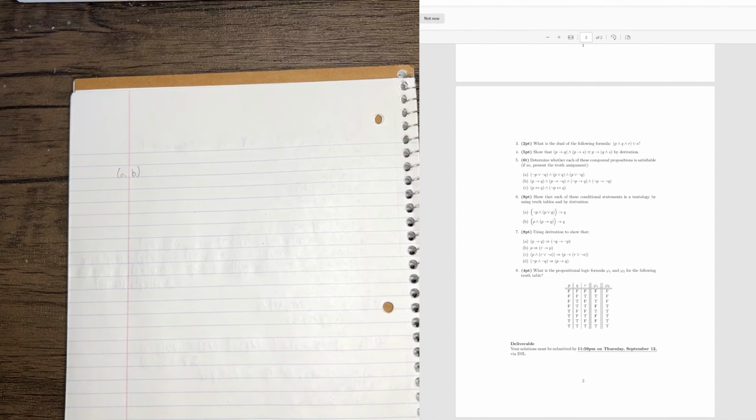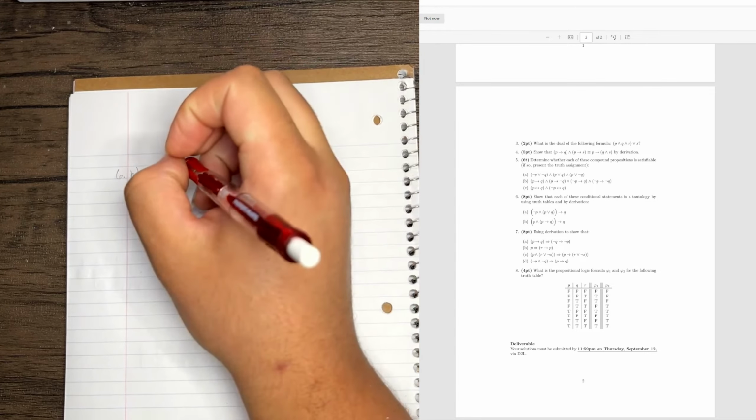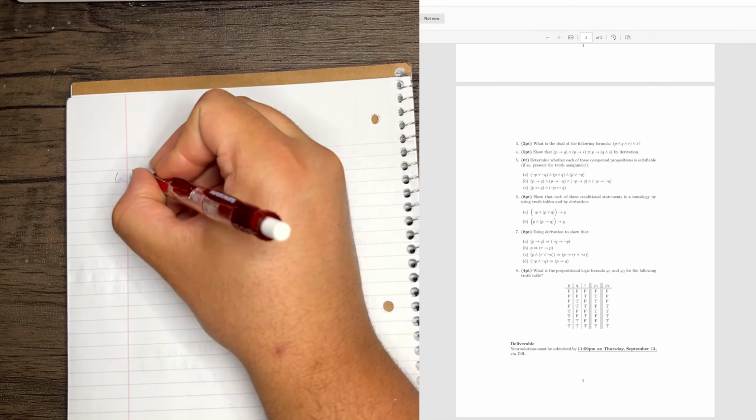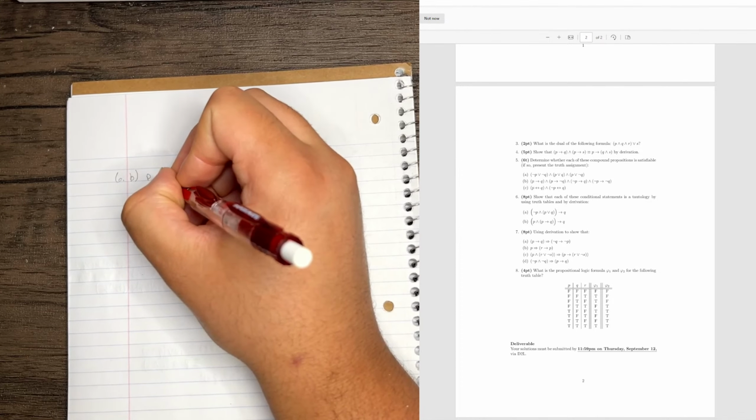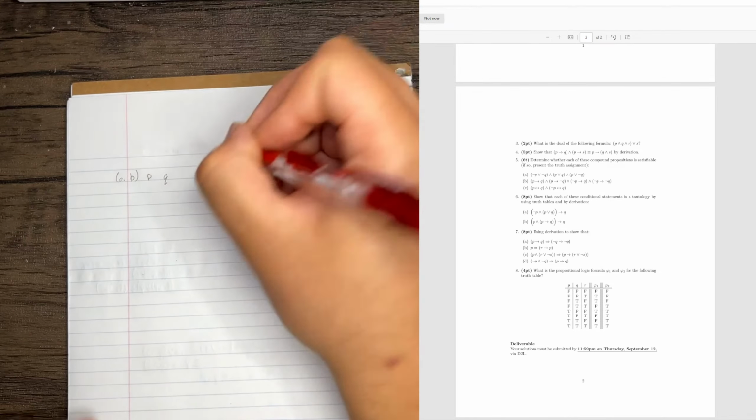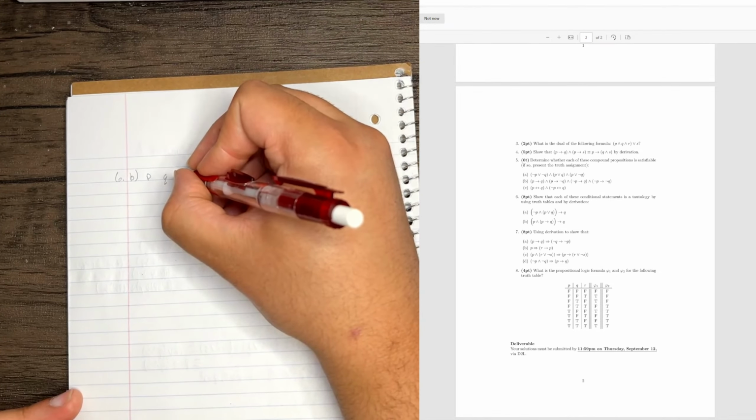So the second one's going to take a long time too. But it's the same premise. So we first start off with P, Q. We don't use not P or not Q, so we can just leave it like that.